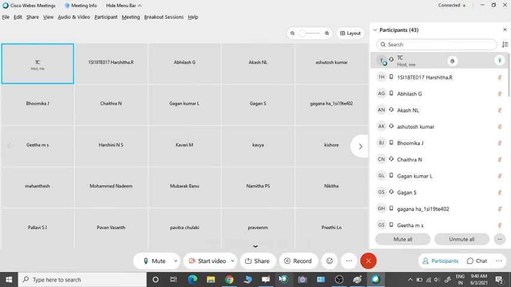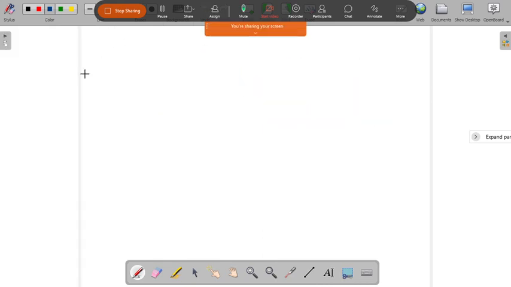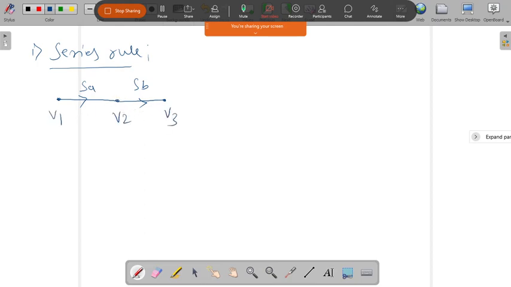Okay, so let us see what the rules are to reduce the signal flow graph. The first rule is the series rule. What is meant by the series rule? If I have two branches with multiplying factors, say SA and SB, and the nodes V1, V2 and V3, or even A1, A2, A3, B1, B2, B3, any nodes you can take for the representation.